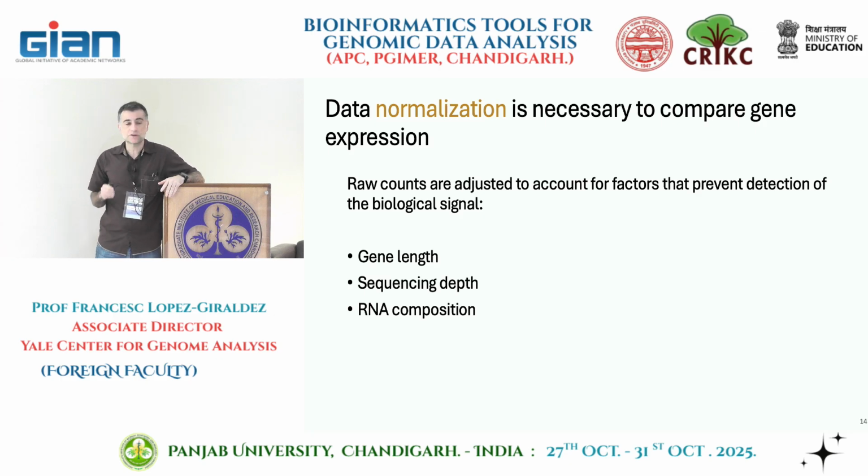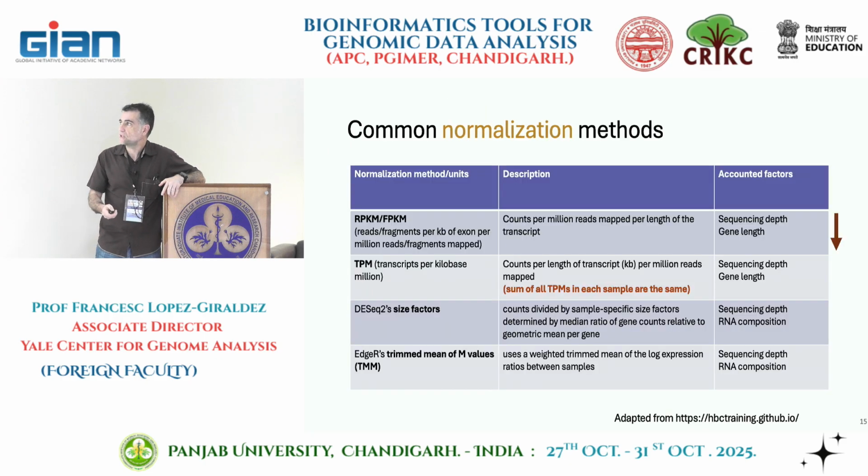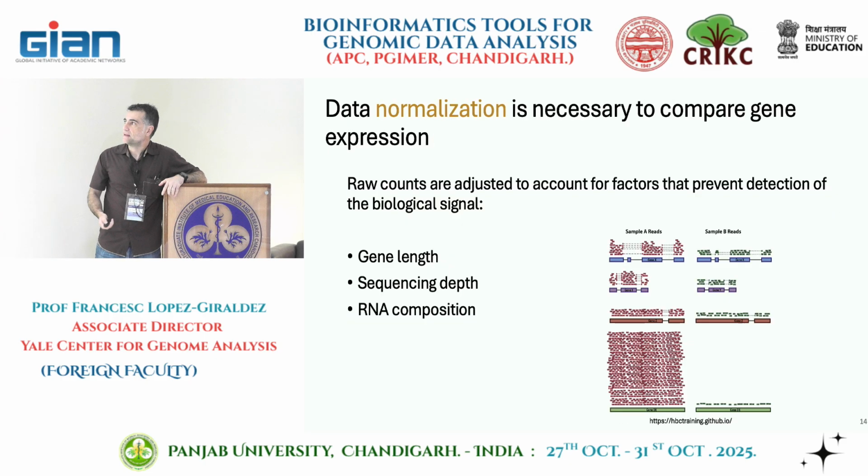There are other things we can consider for normalization. One is the gene length, and the other one is the RNA composition. Here I'm giving an example, right? So we have sample A and sample B. You can imagine that if you sequence 10 times more of sample A, you're going to get more reads for sample A. That doesn't mean that it's differentially expressed, right? It's just that you sequenced more.